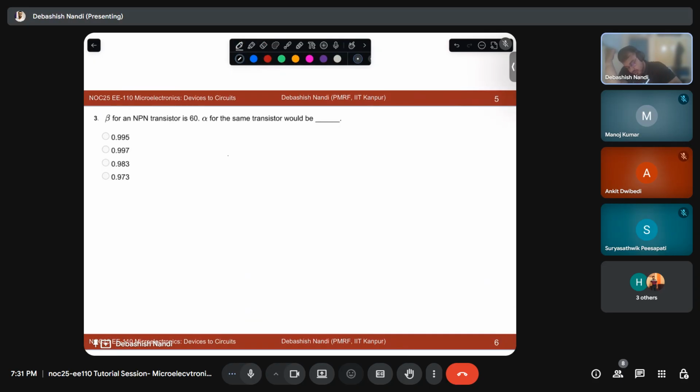Let's take an NPN transistor. So this is NPN. Beta is given as 60. By the way, can anyone tell me what alpha and beta are?